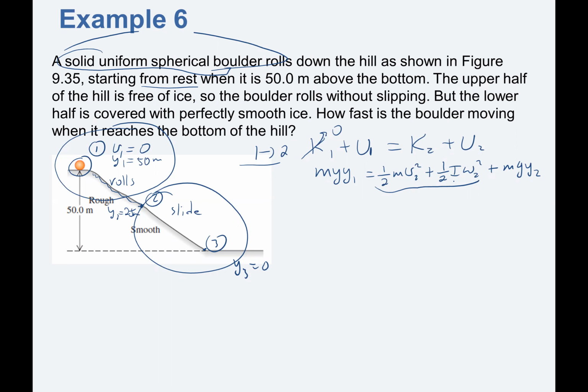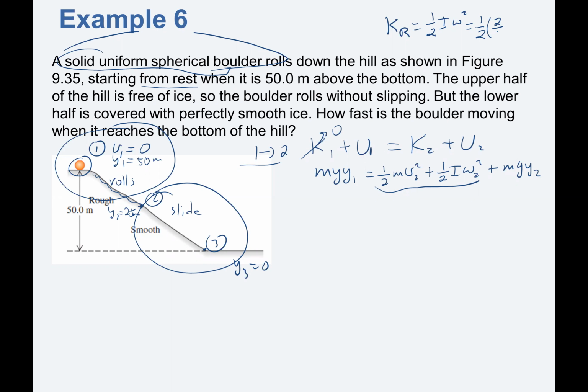And that's one thing we can do. For example, see what I have. This is rotational kinetic energy, which is 1/2 I times omega squared. Now, the moment of inertia for a solid uniform spherical boulder is 2/5 mr squared, just a sphere, as we said.